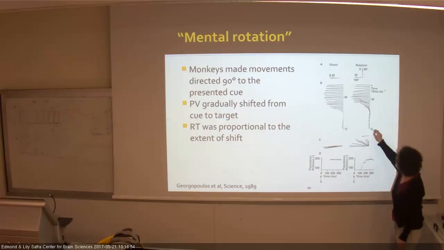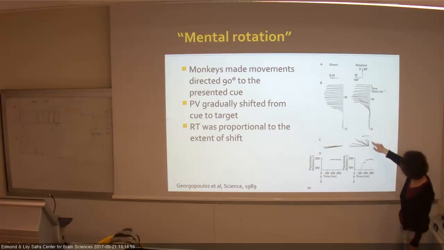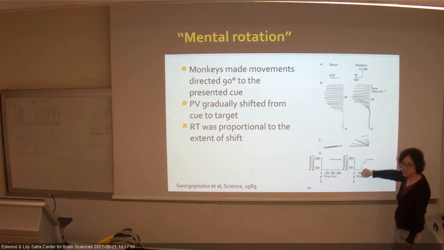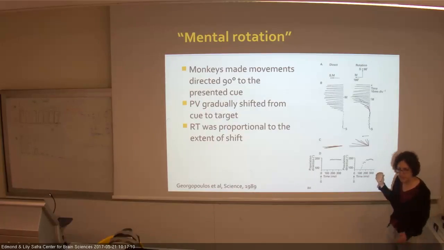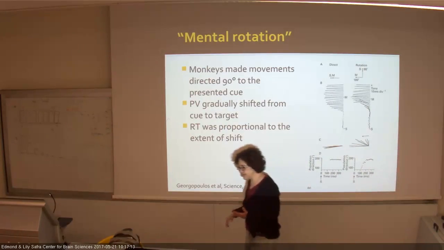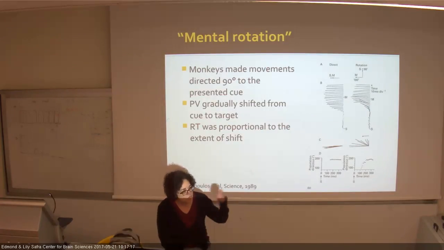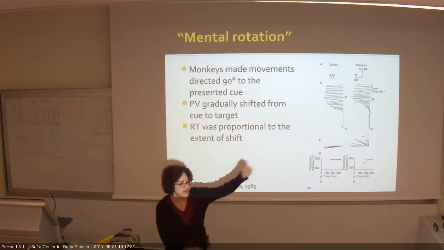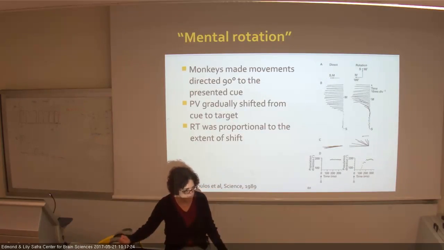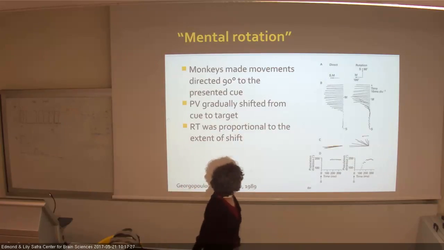But in the rotation trials, you can see that the population vector first points to the cue and then shifts 90 degrees to the action. Okay? So his idea is that the population of cells in the motor cortex actually are responsible for this transformation from visual information to motor command. And this is the evidence that this really took place.